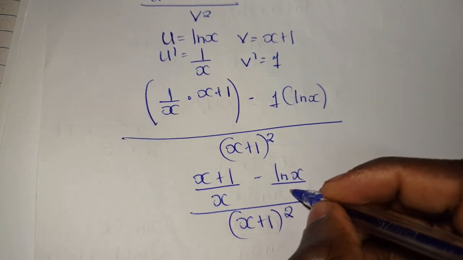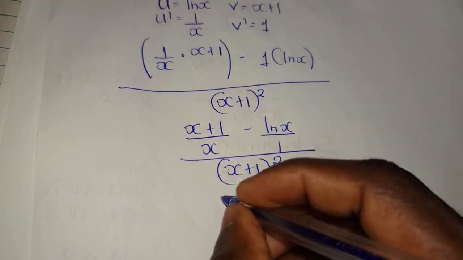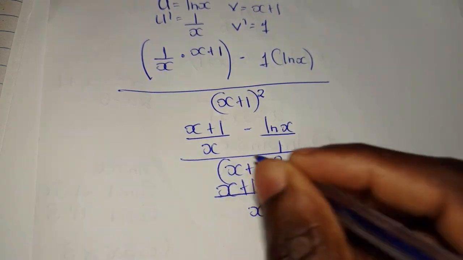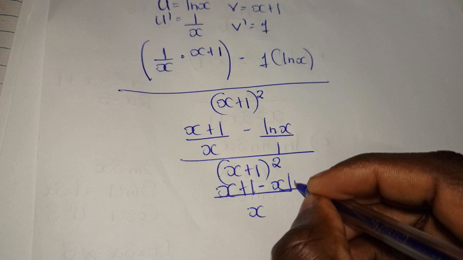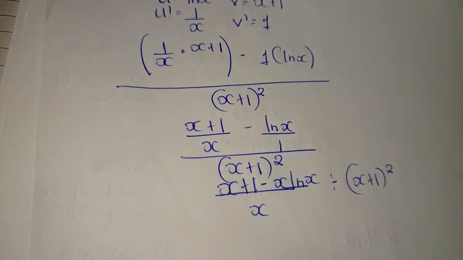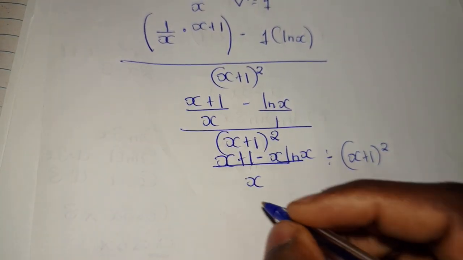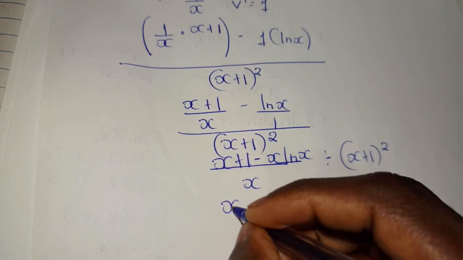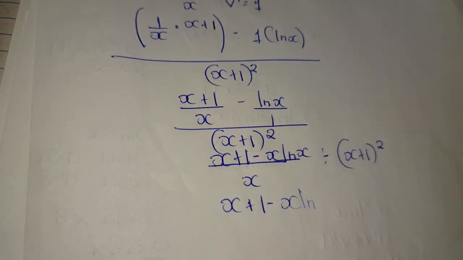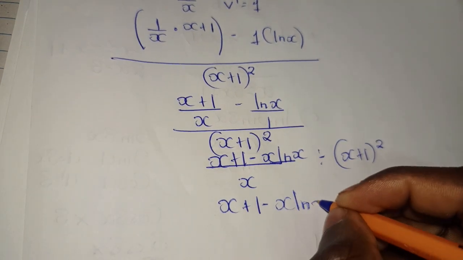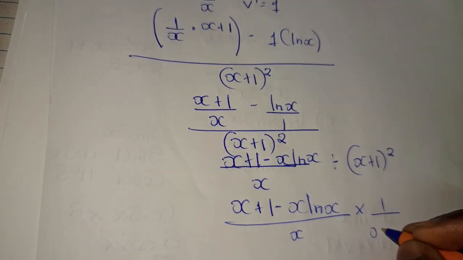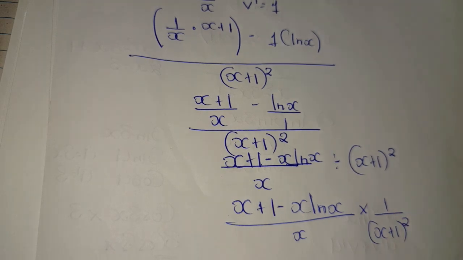Then from here we'll say over 1, so that we have the common denominator, which is x. 1 times these, they're just the same, x plus 1, then x times that is x ln x, divided by x plus 1 squared, where you know to say that the division will go into a multiplicative sign, so you will have x plus 1 minus x ln x over x multiplied by 1 over x plus 1 squared, like this.